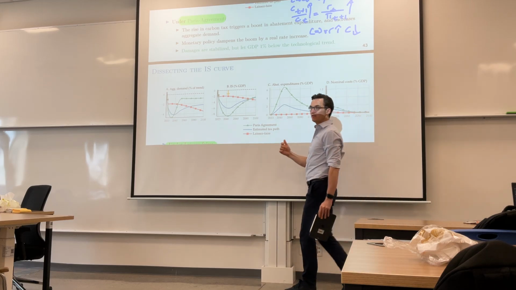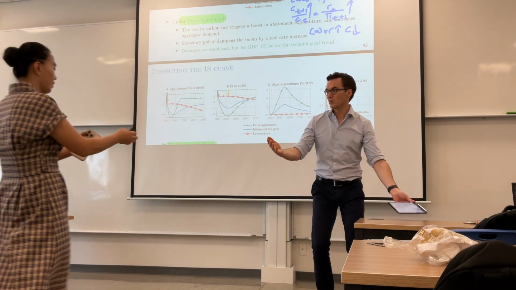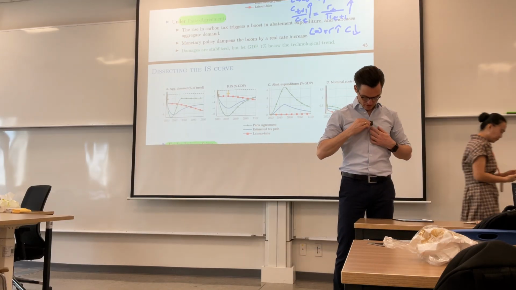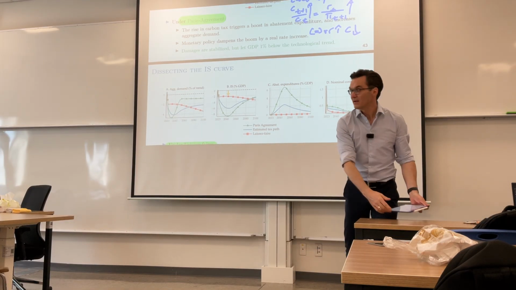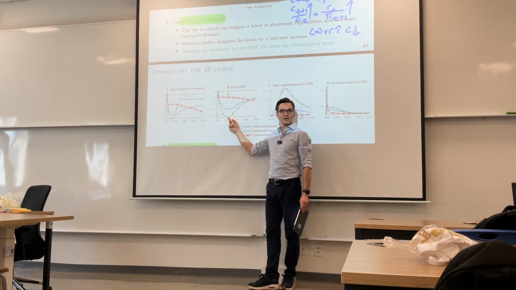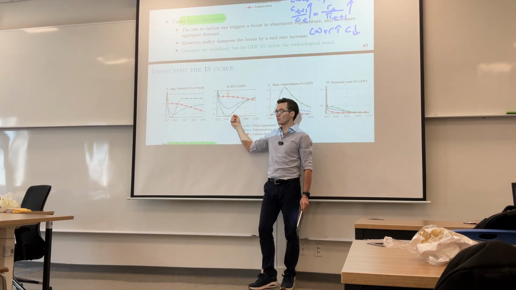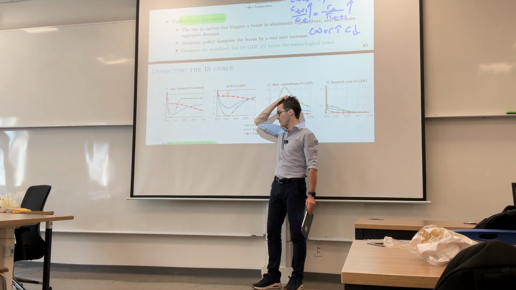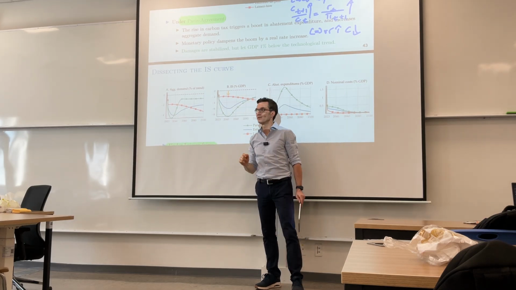The way to see this is the consumption response: look at this, you lose almost 10% of your consumption. So you are permanently poorer because of climate change. Even absent any climate policies, even in laissez-faire, you are poorer.